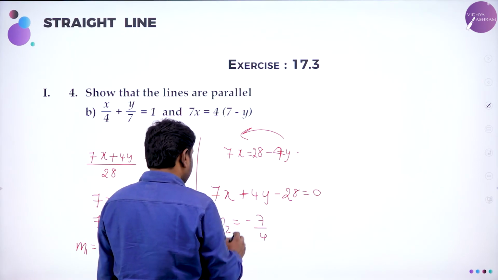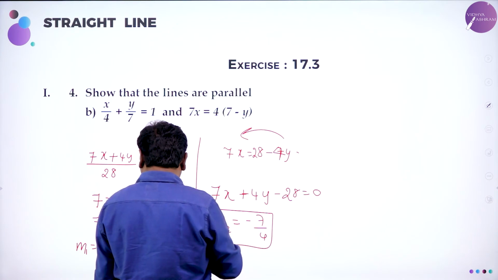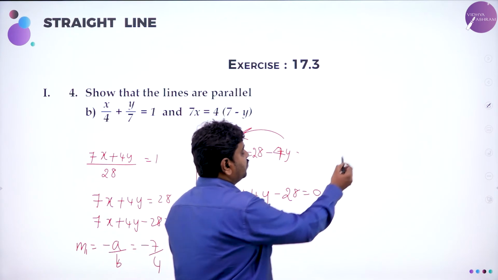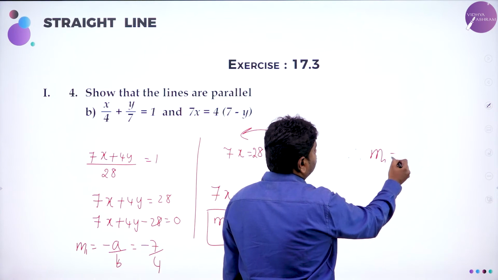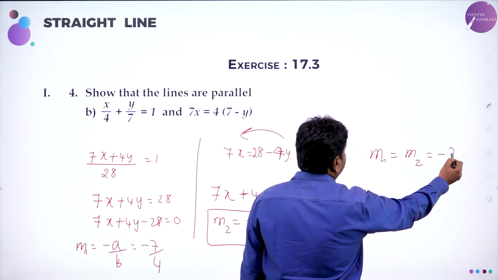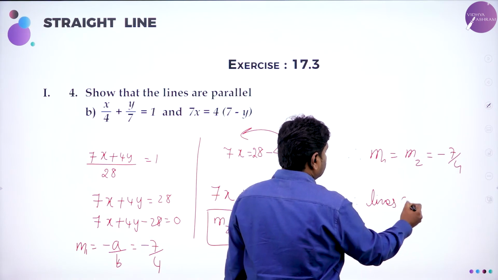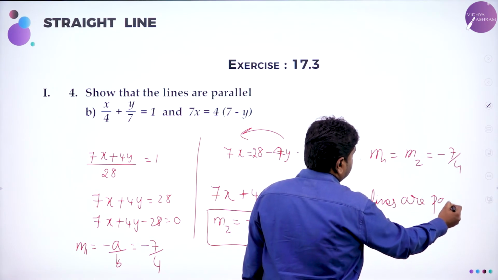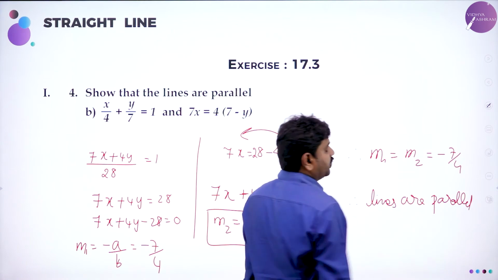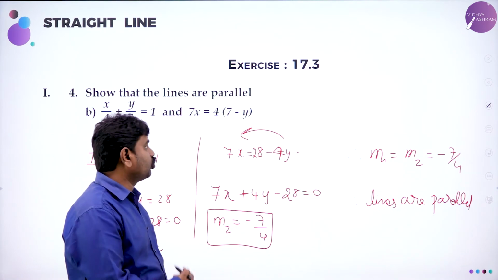So m2 is minus 7 by 4. You have m1 minus 7 by 4, m2 minus 7 by 4. Therefore the slopes of both lines are equal. Therefore lines are parallel. When can you say lines are parallel? Slope should be the same. We got the slopes.